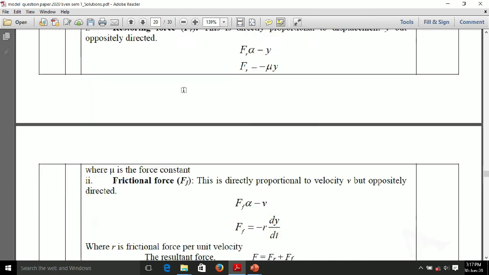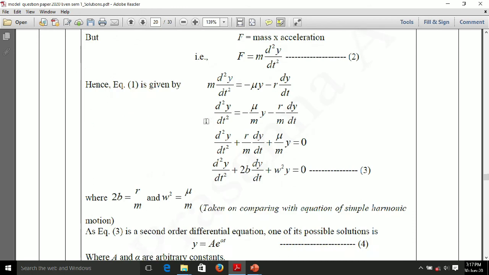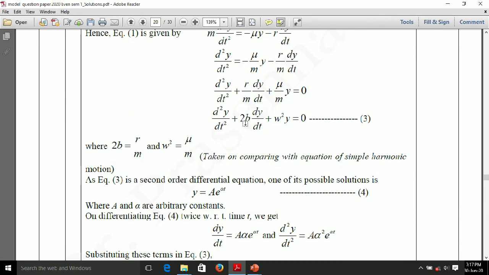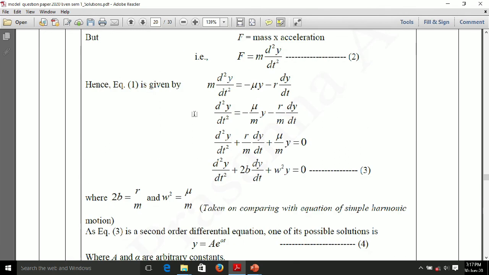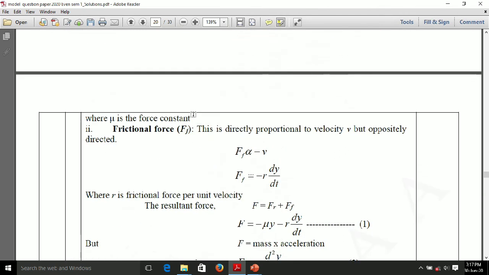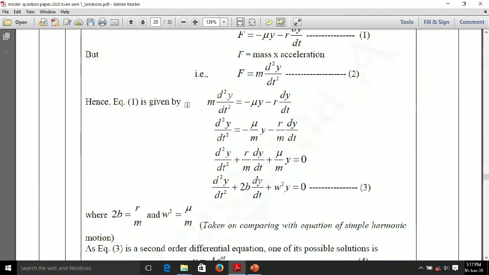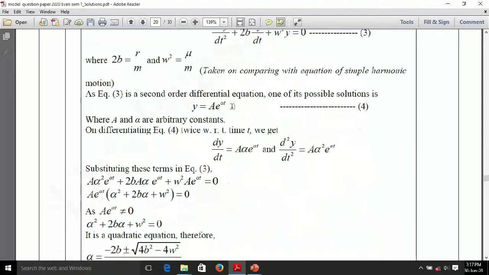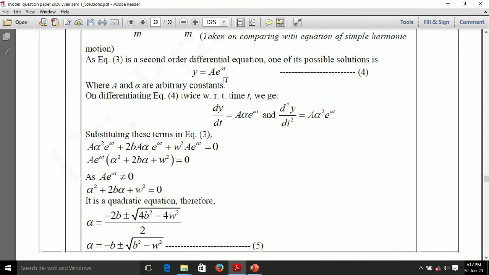For that you need restoring force and frictional force, because damped vibrations experience two types of forces, the frictional force and the restoring force, and because of them the body tries to come back to rest.